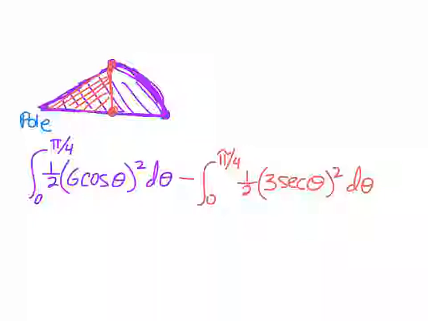Point 5, 6 times the cosine of theta squared d theta. You could put it all in one integral because your bounds of integration are the same, but I'm doing it separately.